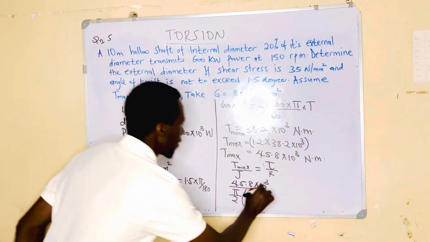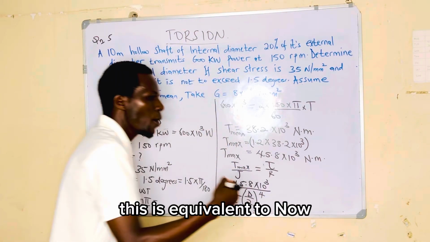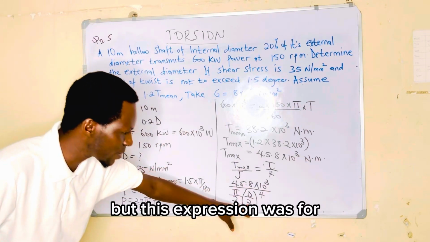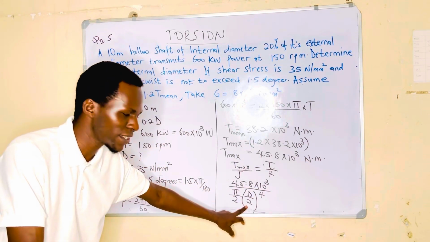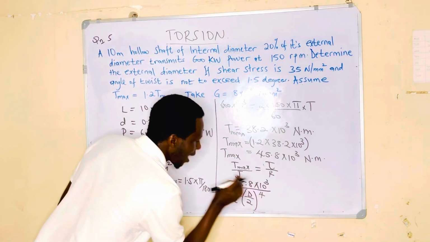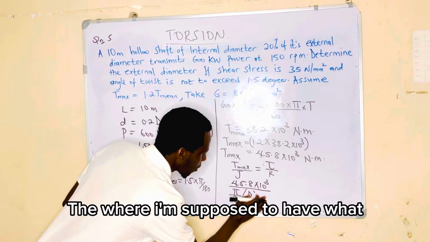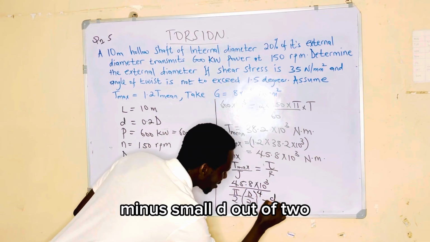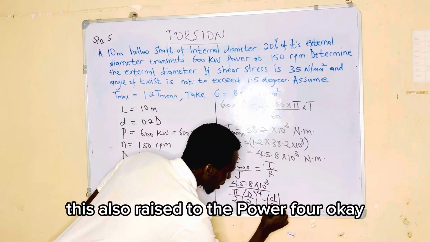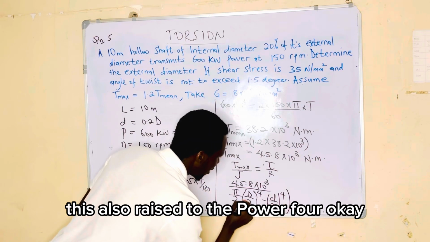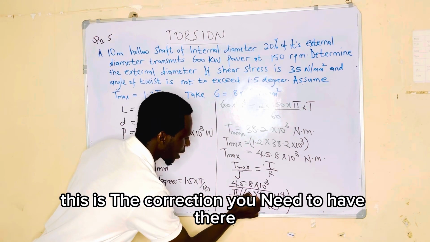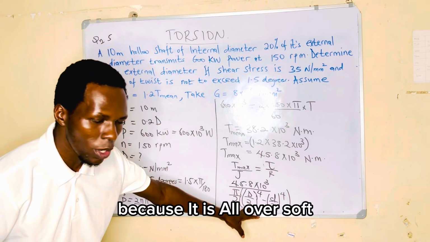Now I've told you that this is a hollow shaft, but this expression was for a solid shaft. So for me to make it a hollow shaft, I am supposed to have D to the power 4 minus small d over 2, also raised to the power 4. This is the correction you need to have there, because it is a hollow shaft.